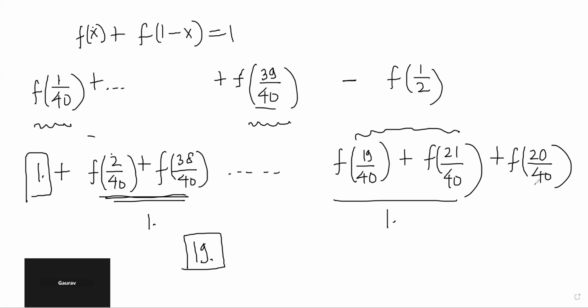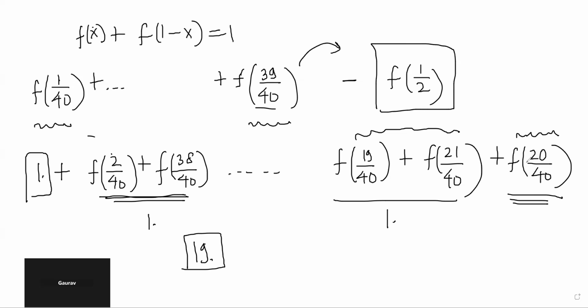That cannot be grouped with anything because the next term is not there. There are no two terms of f of 20 by 40. There is only a single term. So that is an extra term, but that gets cancelled from here because this is actually f of half. So that gets cancelled and the answer is simply 19.